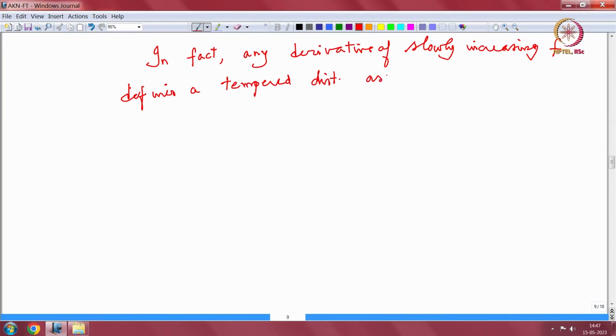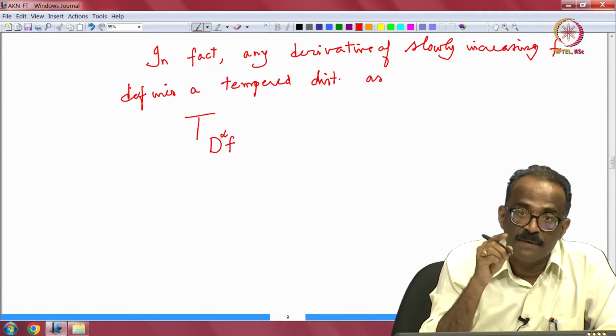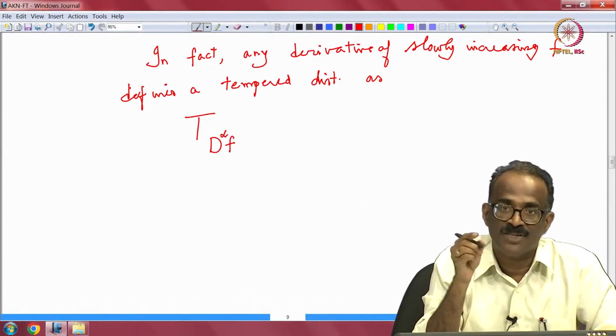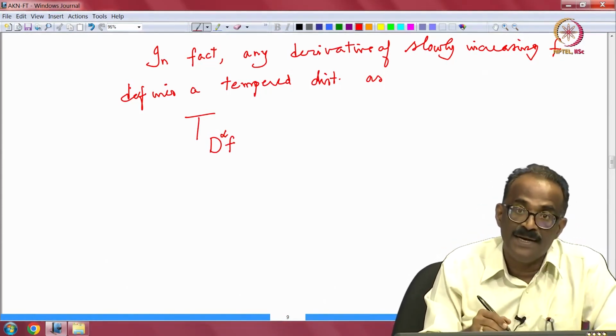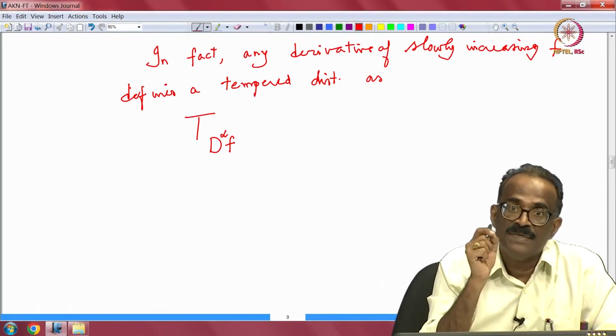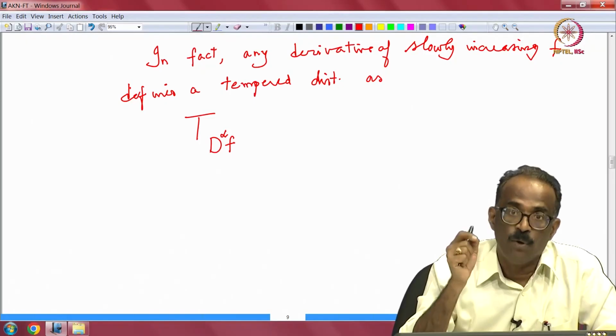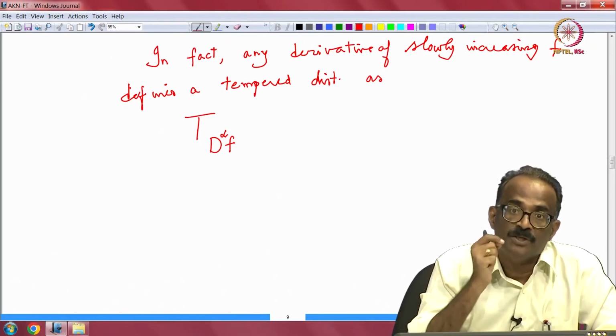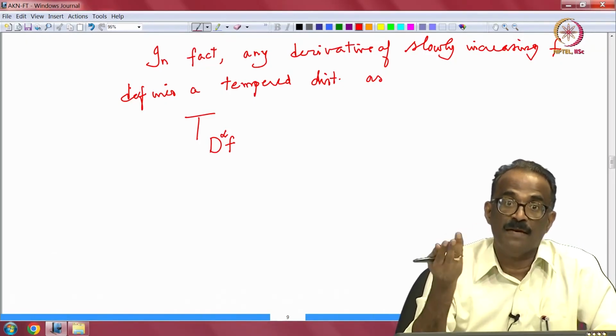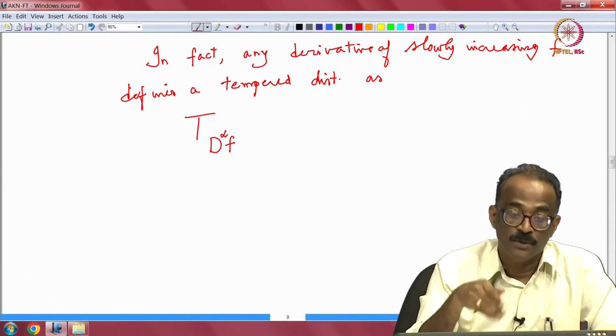Please keep in mind that even though f is a slowly increasing function, the derivative need not be a function. So when I write the distribution for D power alpha of f, do not mistakenly take it to be a distribution given by a function. D power alpha of f can be a function or not.